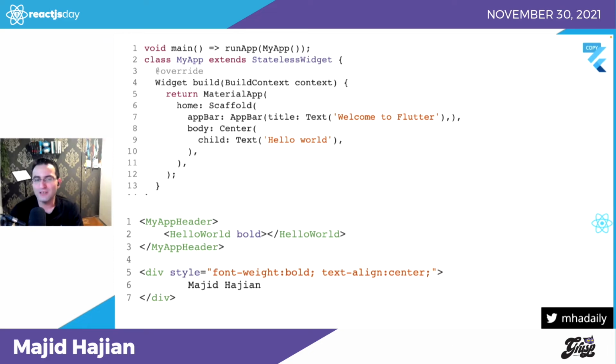You would probably use similar names even in a React application. You may create these yourself, or maybe you consume them from an npm package, right? It's very, very likely that you will get similar things. The only thing is that with Flutter, these are coming with the framework because Flutter is a UI toolkit. It gives you a lot of UI elements out of the box.